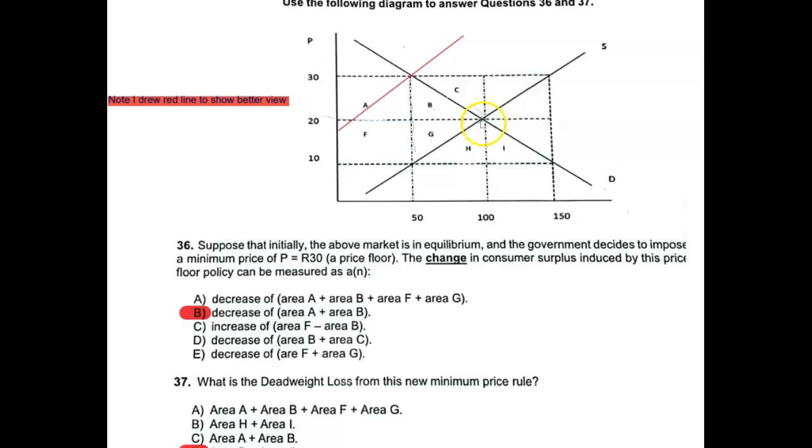It's basically the area towards the consumer surplus. You draw a line in the middle and go towards that. So it's that line. And it's basically the demand curve, all the area below the demand curve down to that line. You get what I'm saying, right? It's all that.